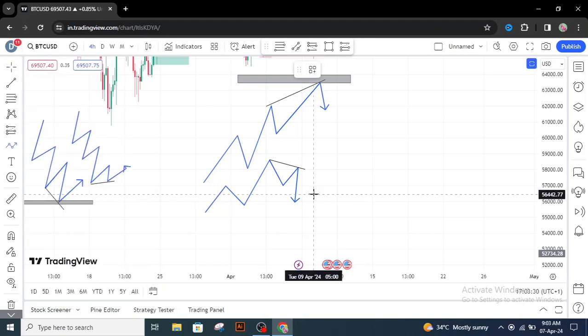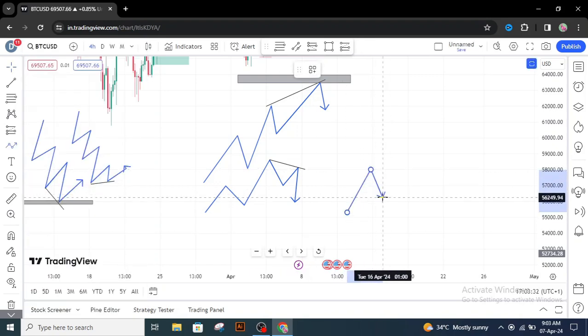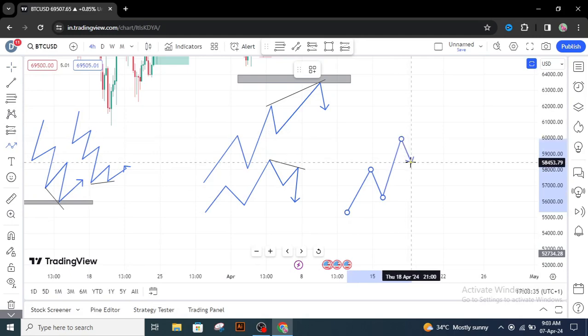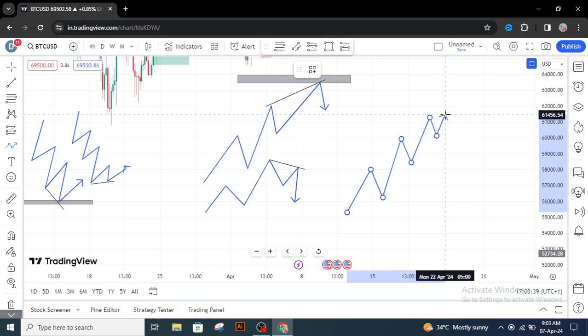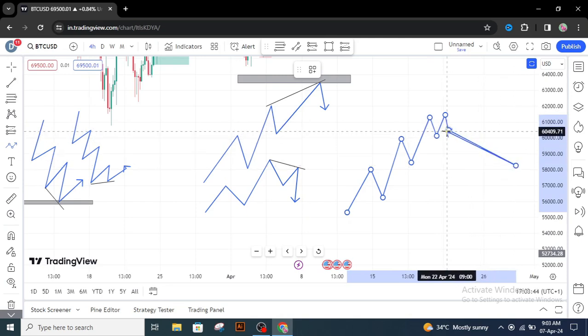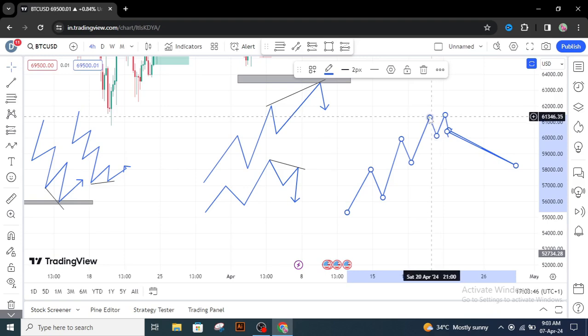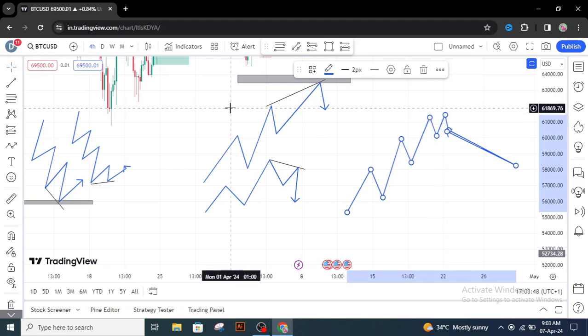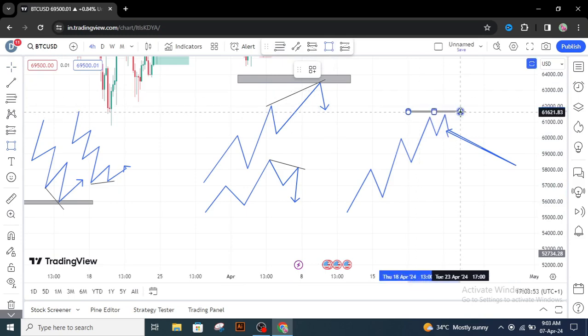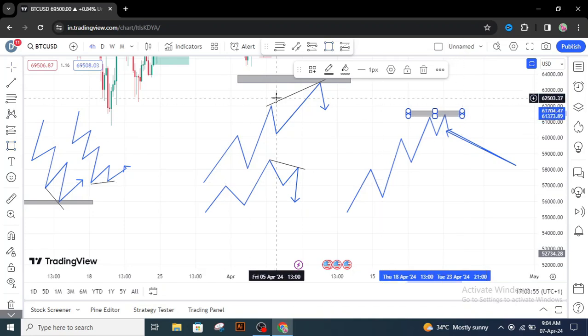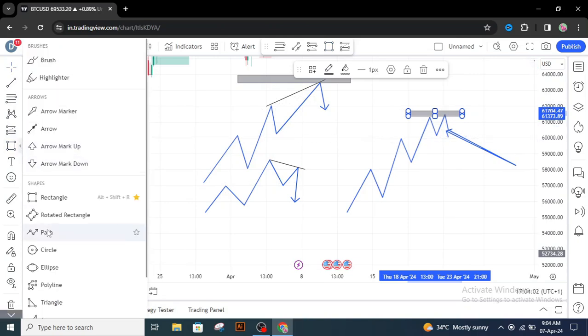Let's say you have higher high, higher low, higher high, higher low, higher high, then higher low, then you have this double top, of the same height, and it's happening at a resistance zone like this. And then my RSI is also showing this divergence.